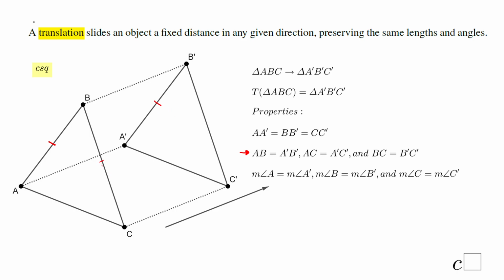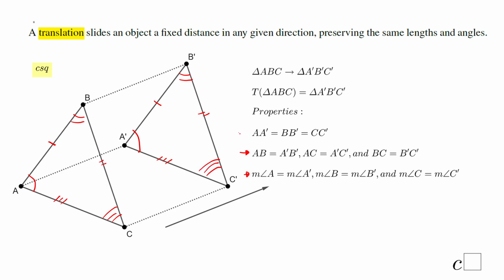These two, the same measure. And obviously these two the same measure. So yes, the translation preserves the lengths, preserves the angles, because this angle A is the same as this angle A prime, this angle B is the same as angle B prime, and this angle C is the same as C prime.